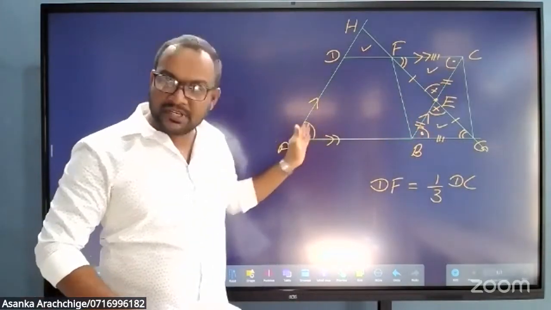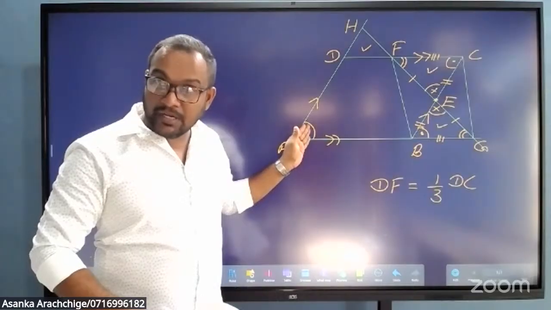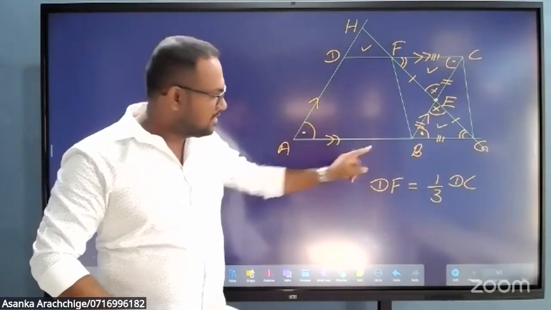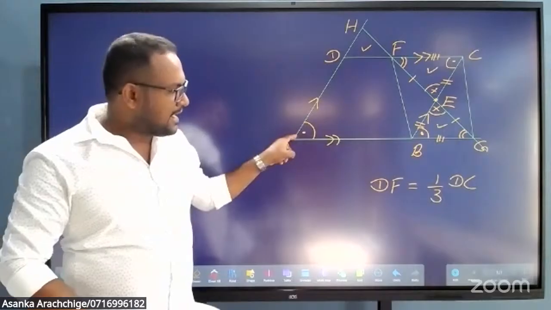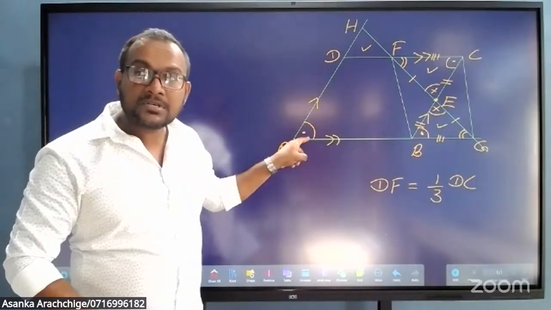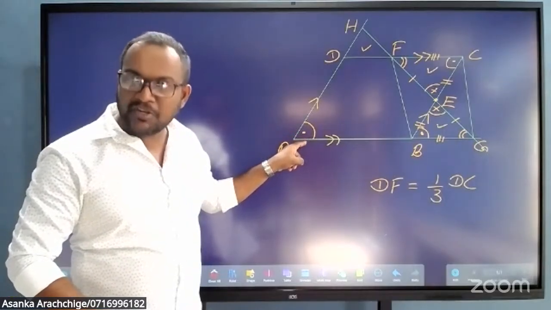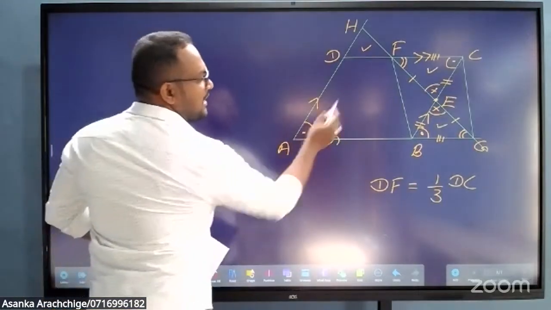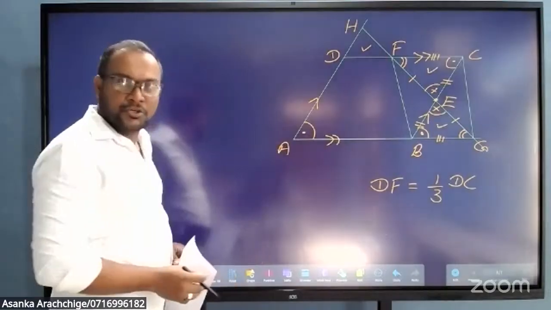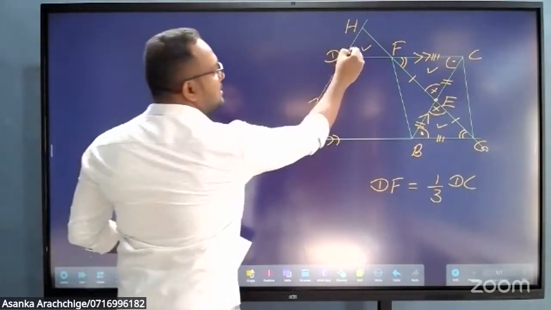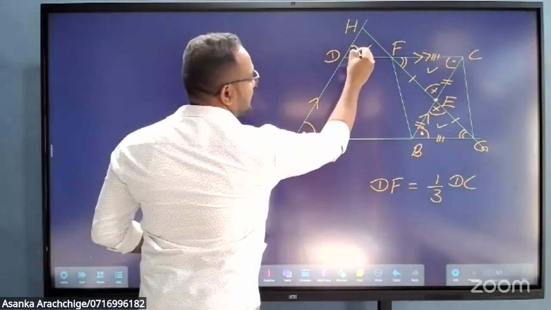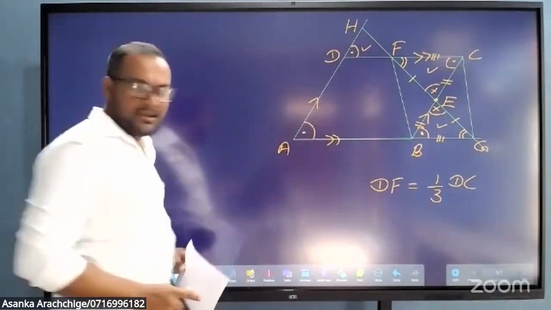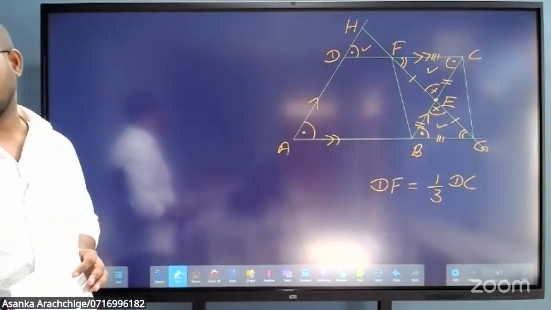They are the opposite sides of a parallelogram. Then this angle and this angle are a pair of corresponding angles between parallel lines. And this line is parallel to this line too. Therefore, this angle must be equal to this angle, corresponding angles between parallel lines.